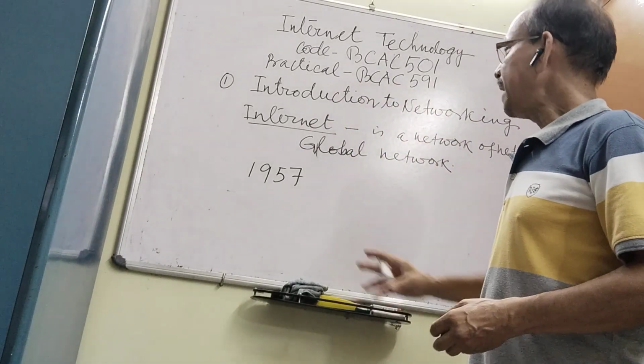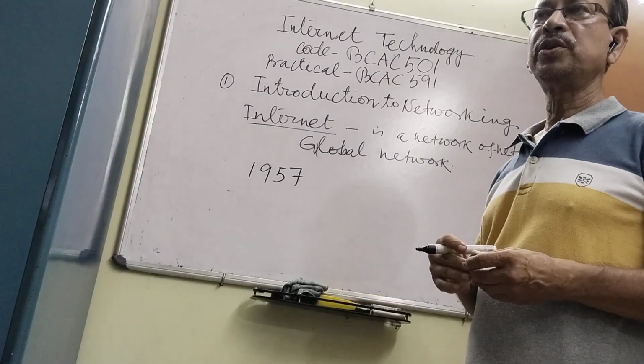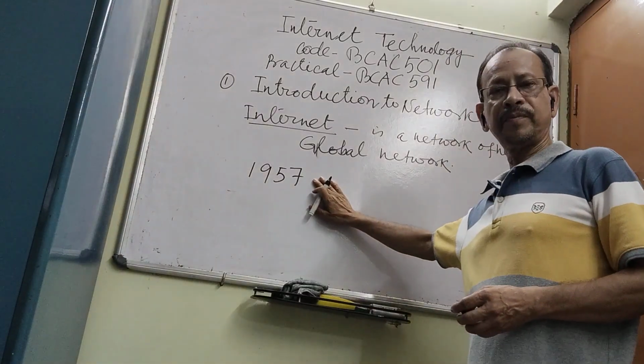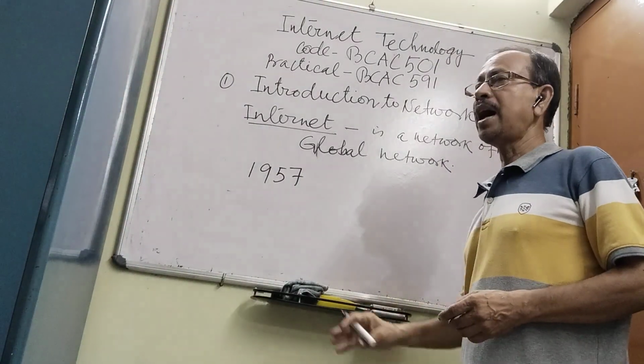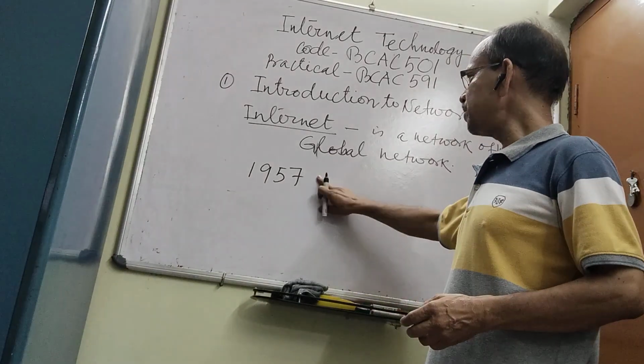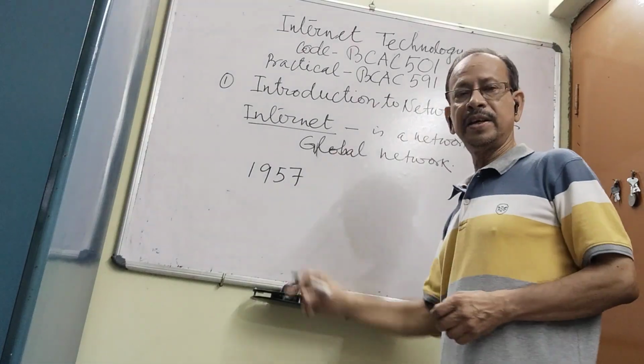Then in 1957, the Soviet Union first launched the satellite Sputnik into space.